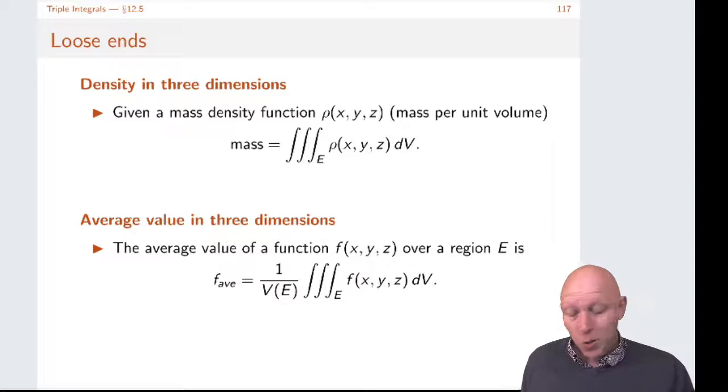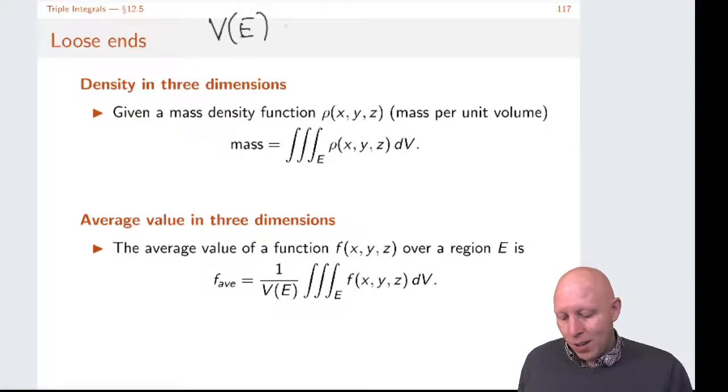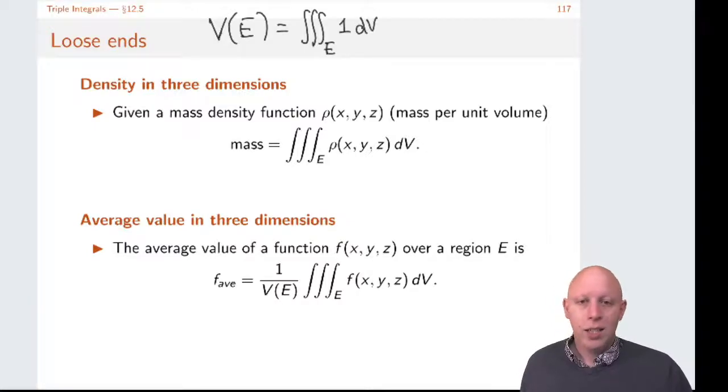The first thing to know is that if you want to calculate the volume of some region E, we could just set that up as a triple integral over E of 1 times dV.